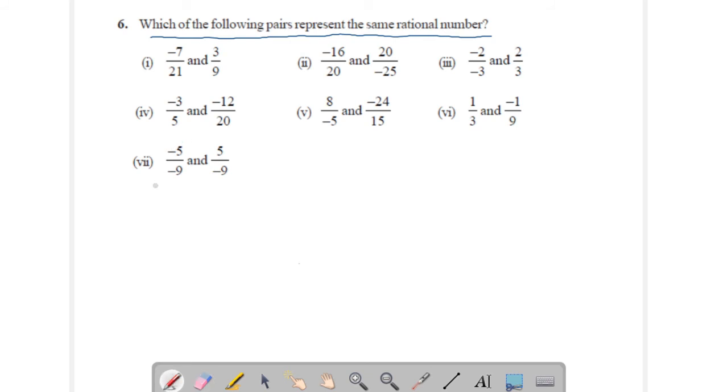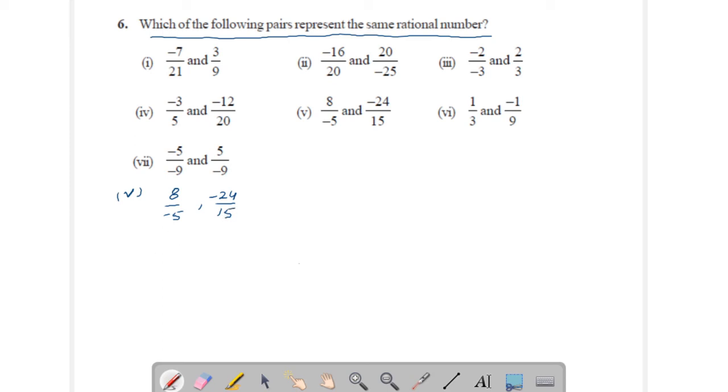Now come to fifth part. It is 8 upon minus 5 and minus 24 upon 15.